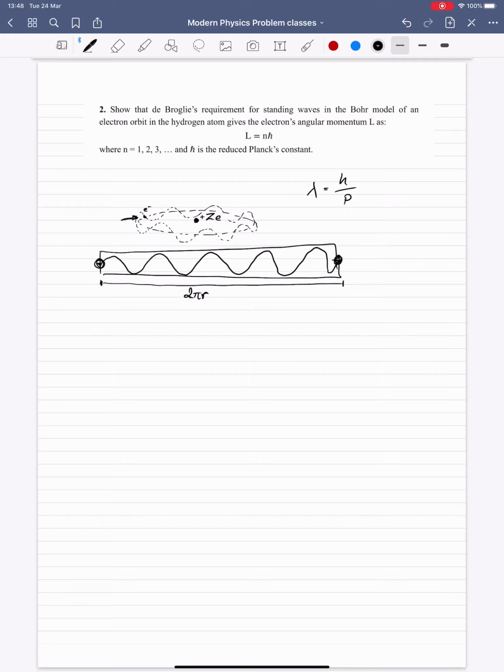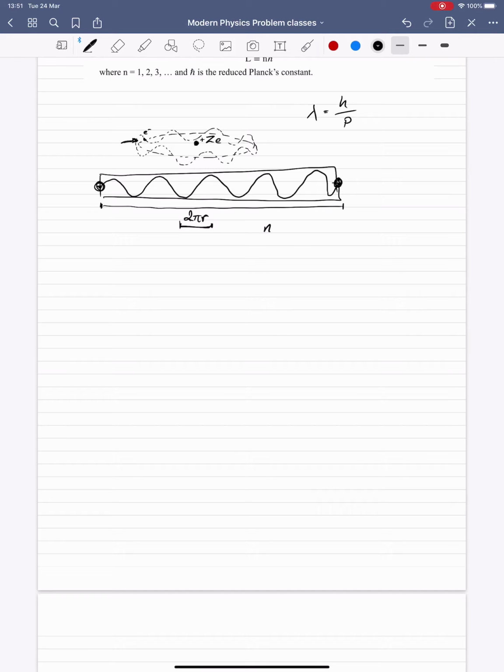It means that we must be able to fit a whole integer number of wavelengths within this 2 pi r circumference. So we need to fit some integer n of our wavelength into our circumference here. So we have n lambda equals 2 pi r.